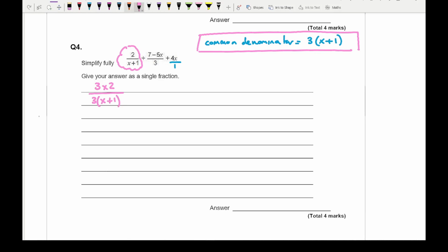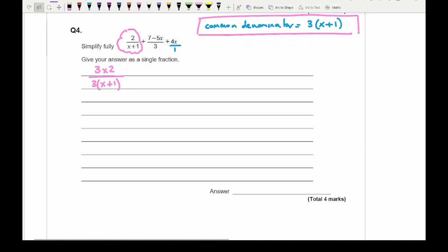For the second fraction, let's change colour on that. This fraction here, remember it was a plus.